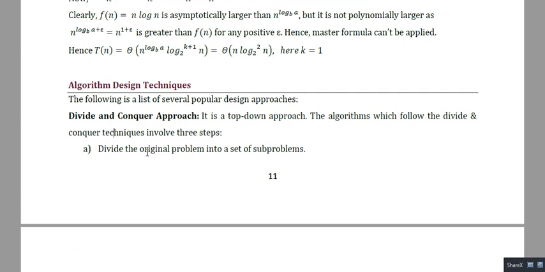For example, I shall be discussing algorithms based upon the divide and conquer approach, such as merge sort, quick sort, and binary search. After writing the algorithm, I'll analyze it by writing a suitable recurrence, and solve the recurrence for the best case, average case, and worst case.